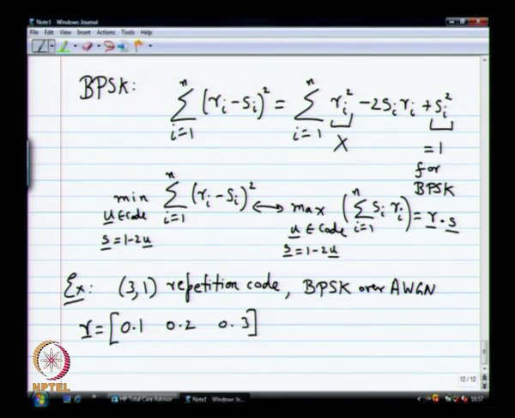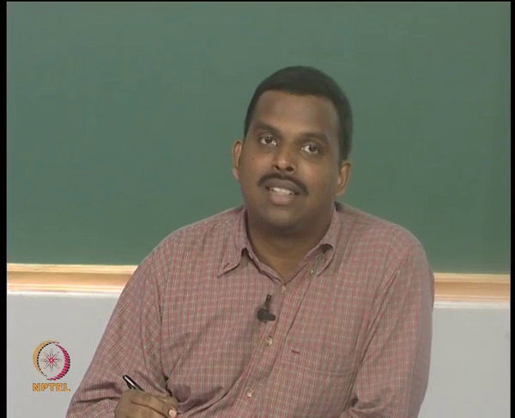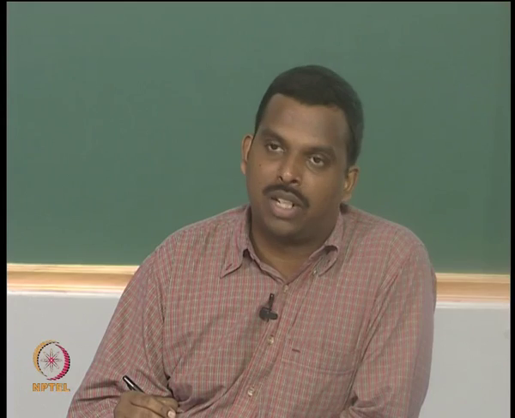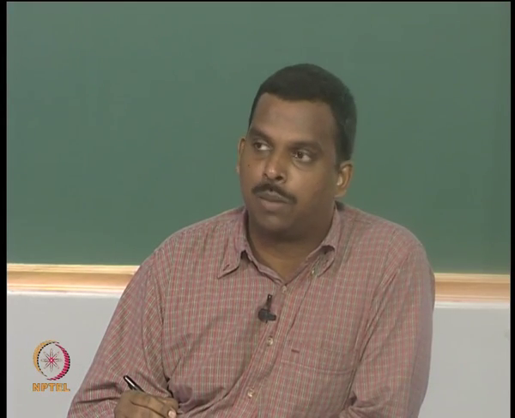Everybody is very quick to point out. So you can do the correlation or anything else, but remember you have to only correlate with two different symbol vectors. One symbol vector is +1 +1 +1, the other symbol vector is -1 -1 -1. +1 +1 +1 corresponds to 0, -1 -1 -1 corresponds to 1.